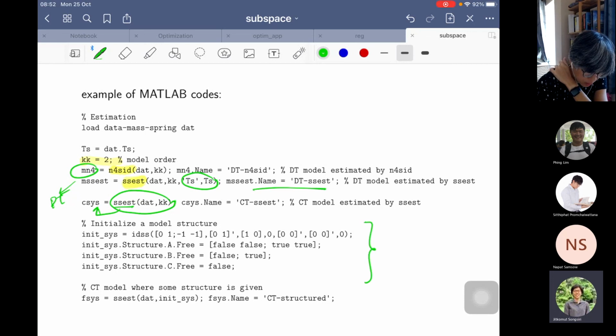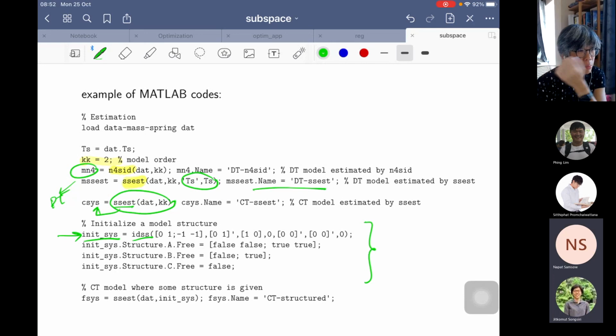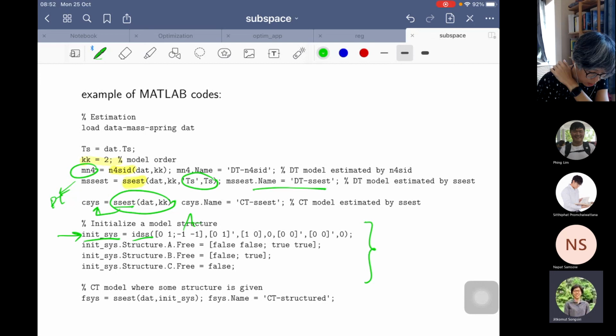For the last one, if you want to specify the structure of A, B, C, D, you create a variable init system. You use the command IDSS, which means you're going to create a state space model with matrices A, B, C, and D. I don't remember now what these zeros are; you can just check the manual.